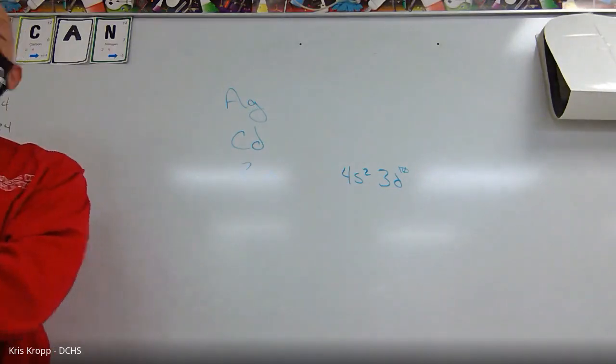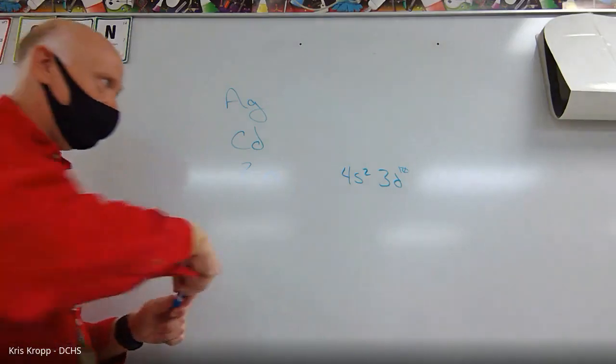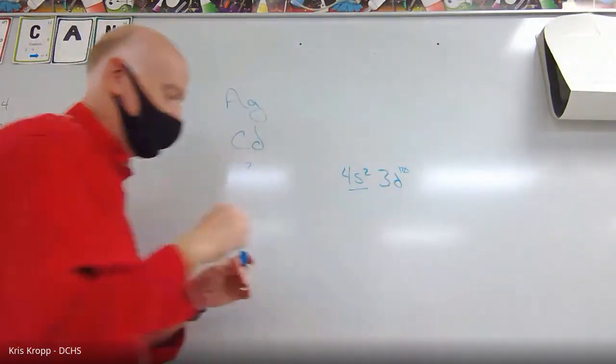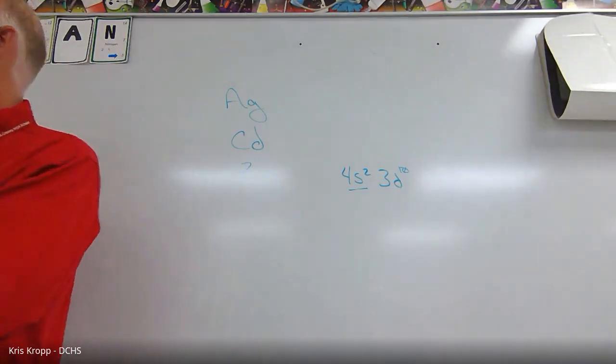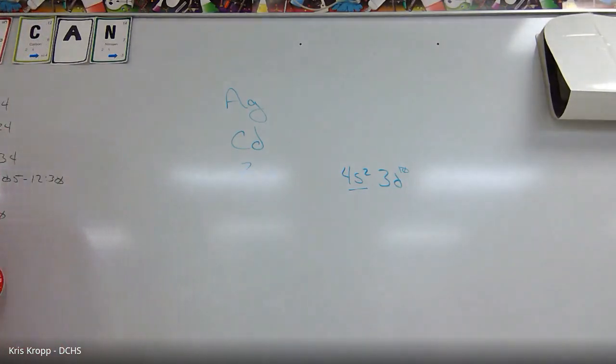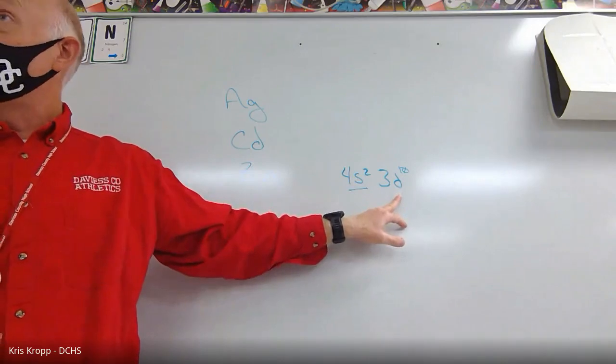So, how many valence electrons does zinc have? 2. Yes, only the 2 in the 4s sublevel. Now, how many electrons do the d orbitals hold in total? 10. Yes. So the d sublevel is completely full.